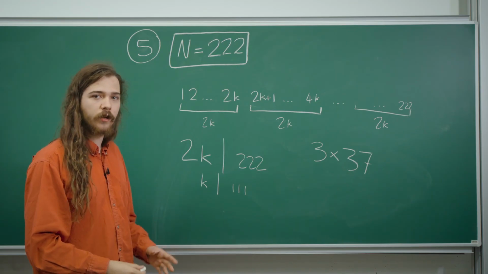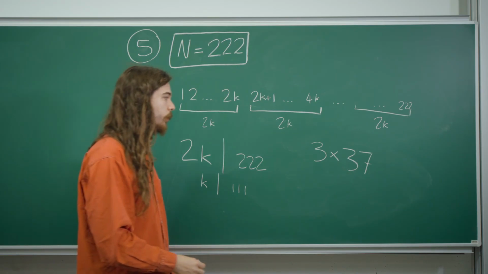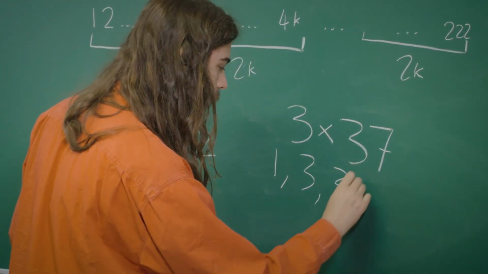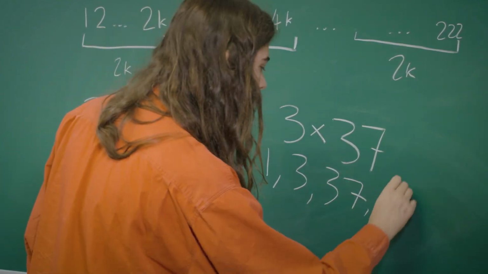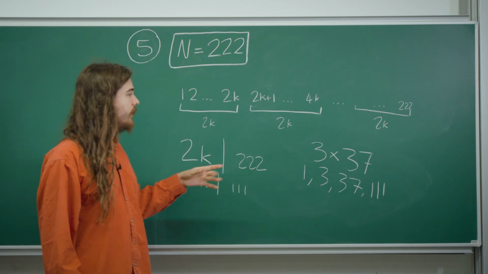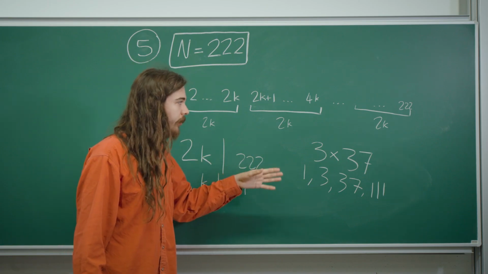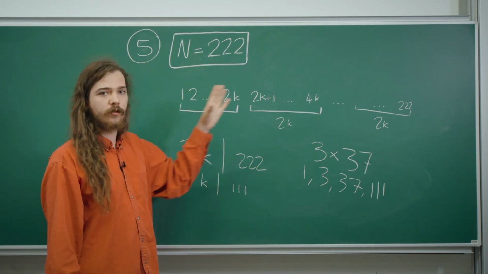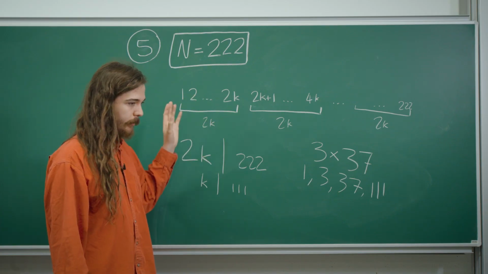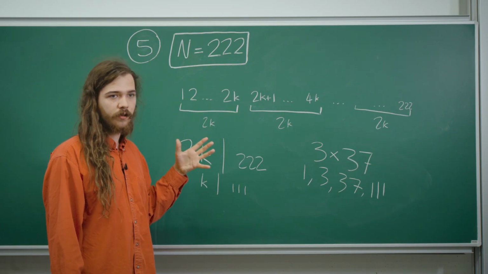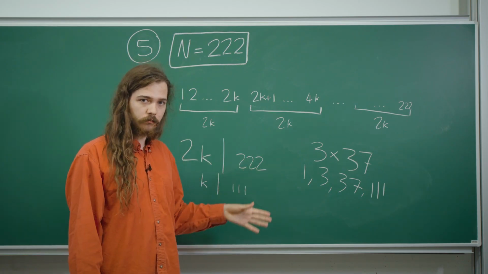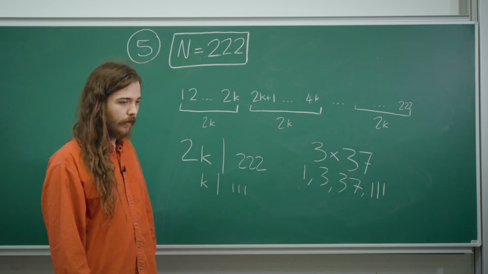So the factors of 111 will be 1, 3, 37, and 111 itself. So if k is one of these numbers, then we can split the numbers from 1 to 222 into these groups of 2k. We can pair them up into pairs with the same difference, and we can do the problem. But if k isn't one of these numbers, then we won't be able to do it.